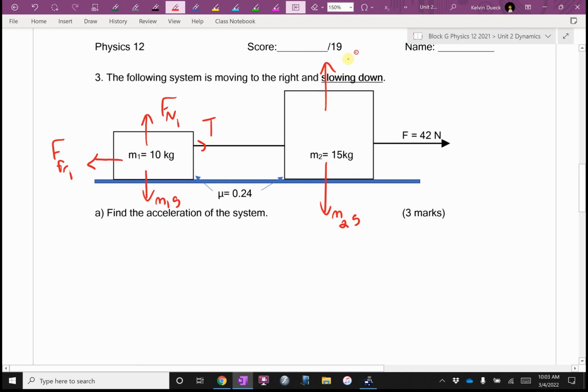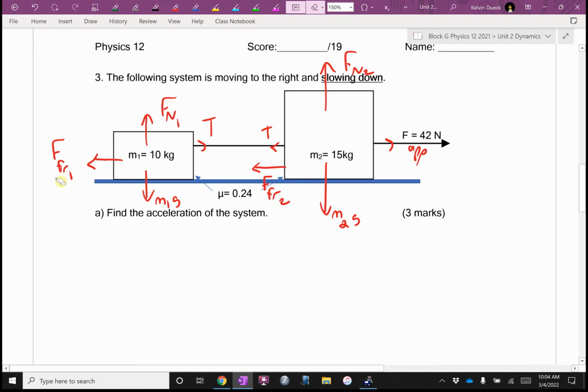M2G, normal force 2, F applied, tension, and don't forget friction force 2. Hey, what direction is winning? Left. So anything pointing to the left is going to be positive.